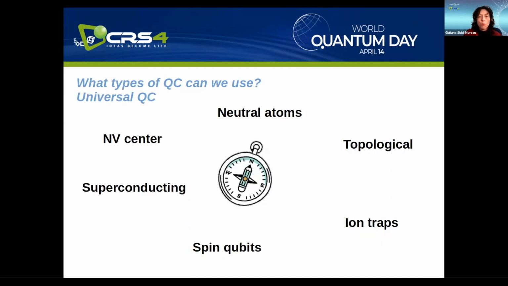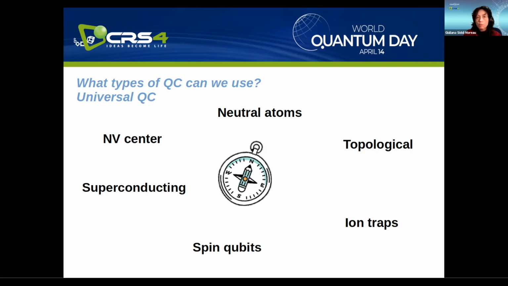What types of quantum computing can we use by now? If we restrict ourselves to universal quantum computers, there are a variety of physical systems that have been proposed as qubits for quantum computers. There are many ways of building a quantum coherent two-state system. In spin qubits and in NV centers, we are exploiting electron and nuclear spins.